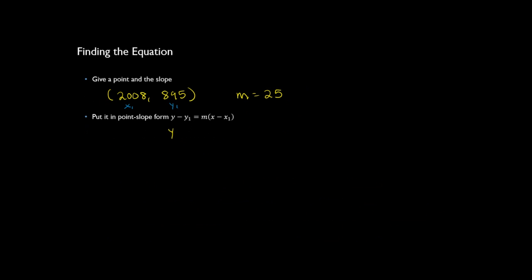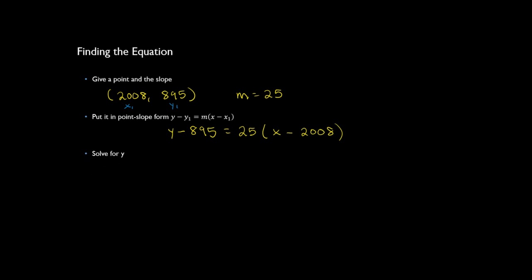So I have y minus 895, that's y1, equals m, so that's our slope, 25, times x minus 2008. So I plug in those numbers, and that is point slope form.